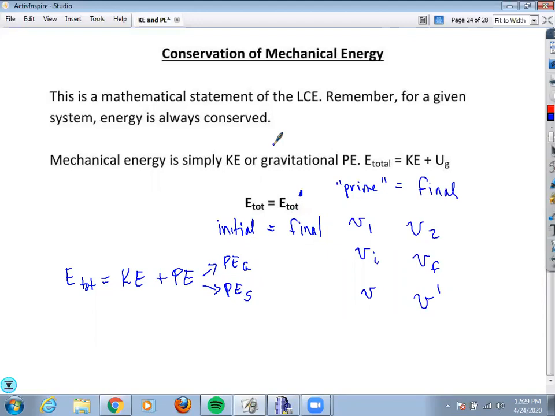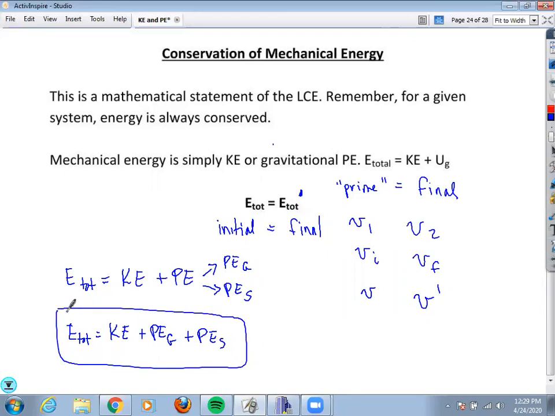So if we expanded it out, the total amount of energy would equal kinetic energy plus gravitational potential energy plus elastic potential energy. Now, if an object doesn't have a certain amount of energy, then it's just zero and we don't include it. So it's not too difficult.